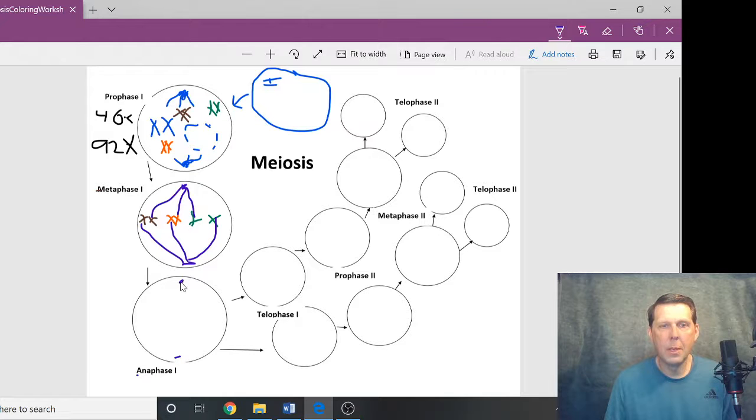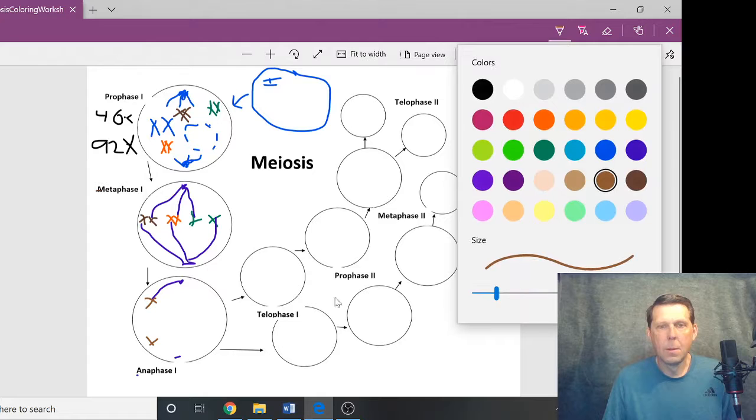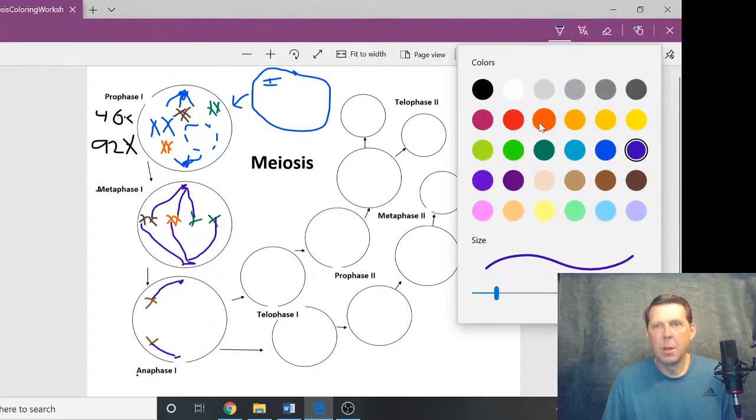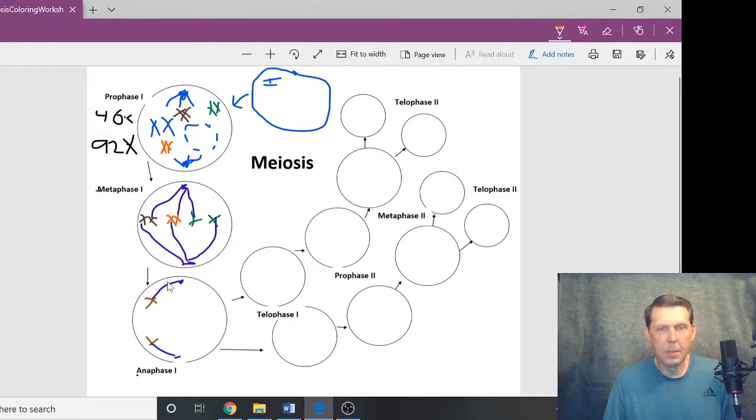All right. When I draw one here, I'm going to be drawing the brown one going this way, and his homologous pair going to the other side, the other pole. So that's coming back that way. Then our orange ones.